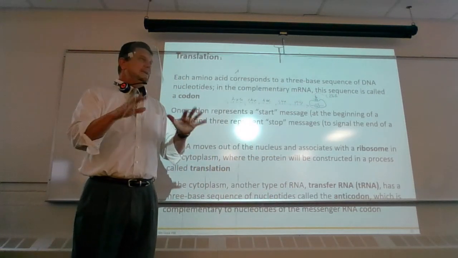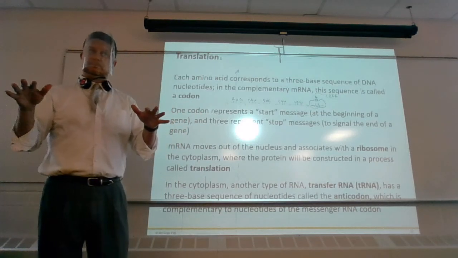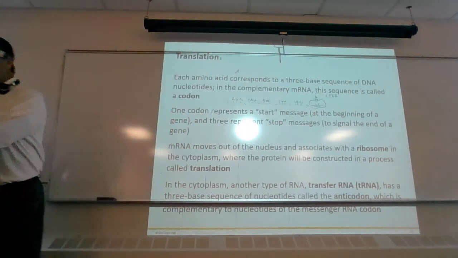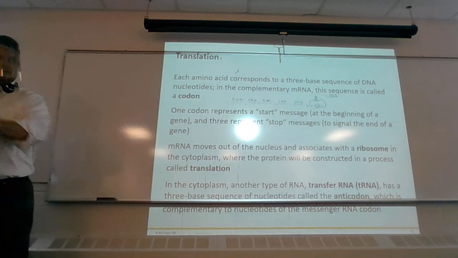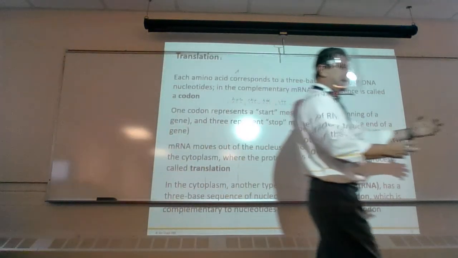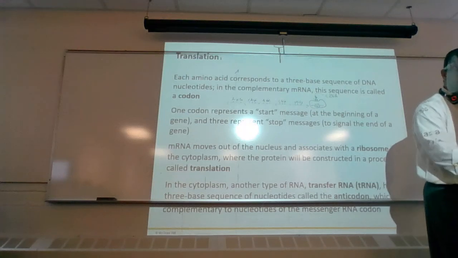Now there's 20 different types of amino acids that make up our proteins. And so imagine I've got a box over here of Legos, and I've got 20 different colors of Legos. All right? Messenger RNA starts being pulled through the ribosome.